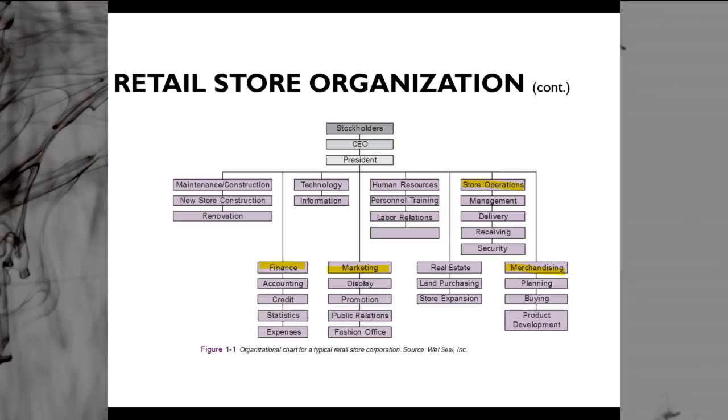But now, because more skills or functions are needed nowadays, you can see more functions available, and they have more departments such as store construction, maintenance, and also technology and human resources. That means how you hire people and labor relations, and also land-related functions, so real estate, land purchasing, and store expansion are also part of the functions of the retail store organization.